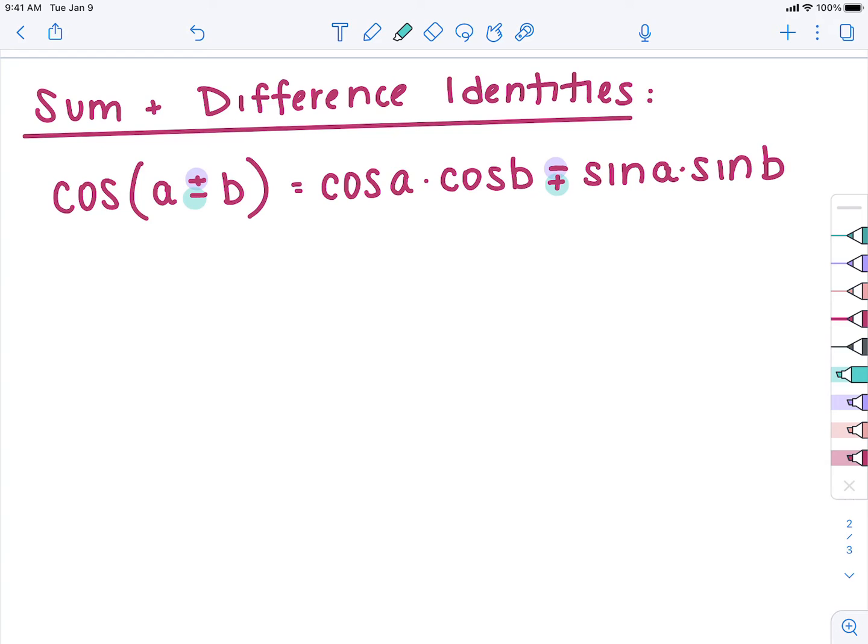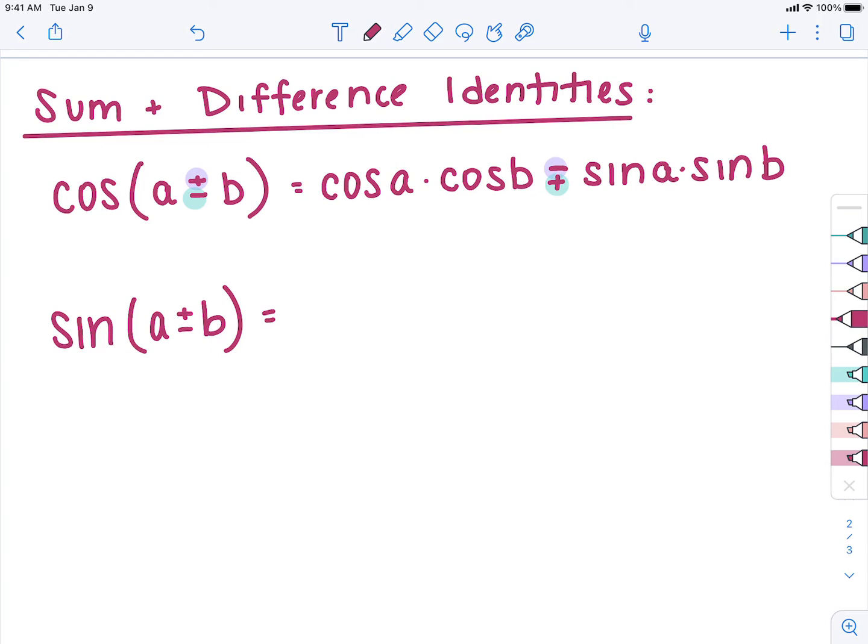Then we also have a rule for sine. Same thing, we're going to have our sine where we can take our A and B and we can add them, or we can subtract them depending on what we need in order to get the angle we're looking for.